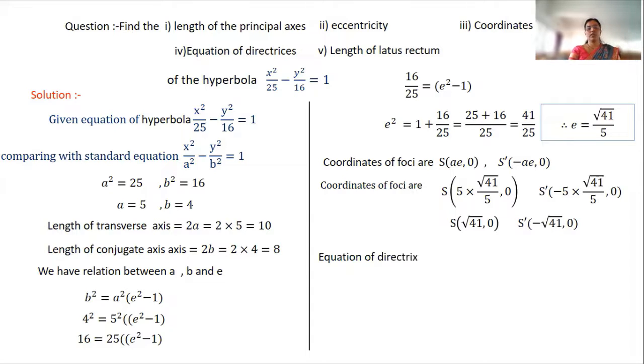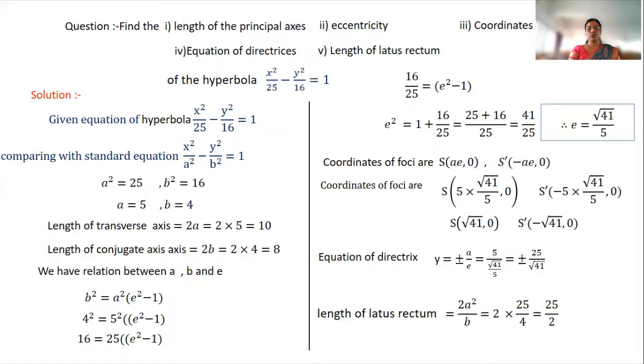Now, the equation of directrix is x is equal to plus or minus a upon e, that is plus or minus 25 upon root 41, and the length of the latus rectum is 2b square upon a, that is 25 upon 2.